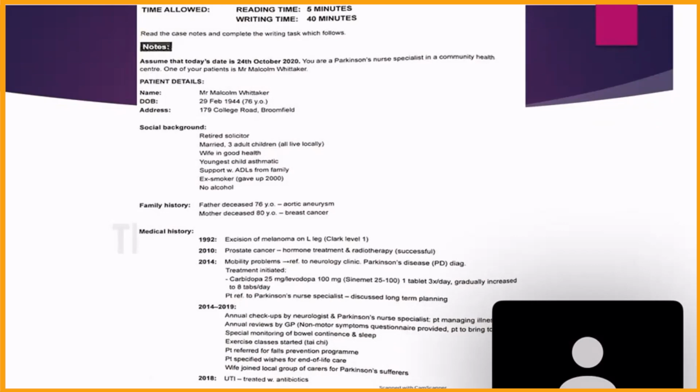He's on annual checkup with the neurologist, the nurse specialist, and also with the GP. Yes, he has annual checkups with three people. Okay, and then he also has special monitoring of bowel continence and sleep.